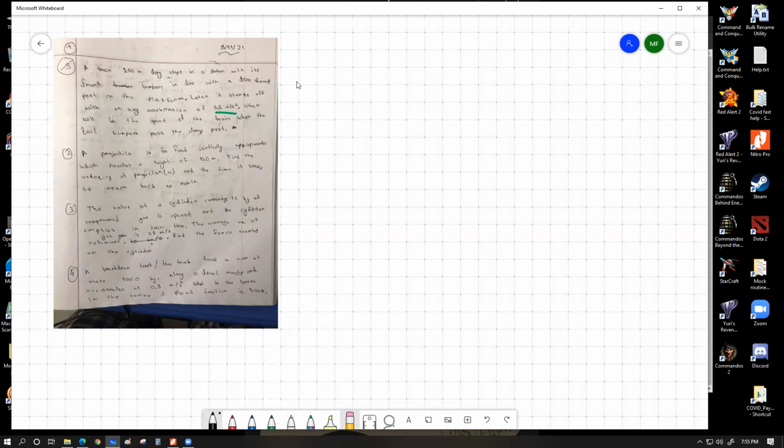So what does this question actually mean? If this is our platform, and here is a certain lamppost, the train is currently at this position, and the length of the train is exactly 100 meters.